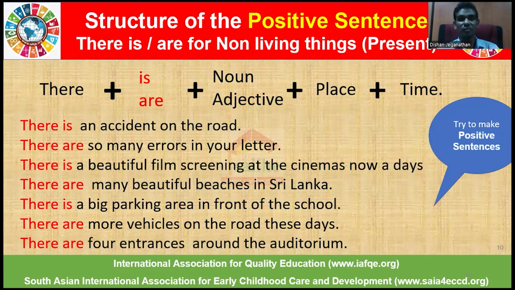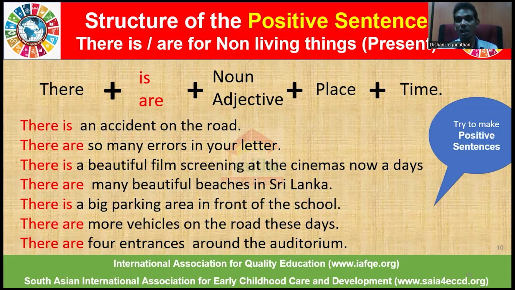There is a beautiful film screening at the cinemas nowadays. Since you're talking about a particular specific film, it's singular and the sentence goes as there is. Likewise, there are many beautiful beaches in Sri Lanka. The noun is beaches, and there are many beaches, so more than one, which is plural.